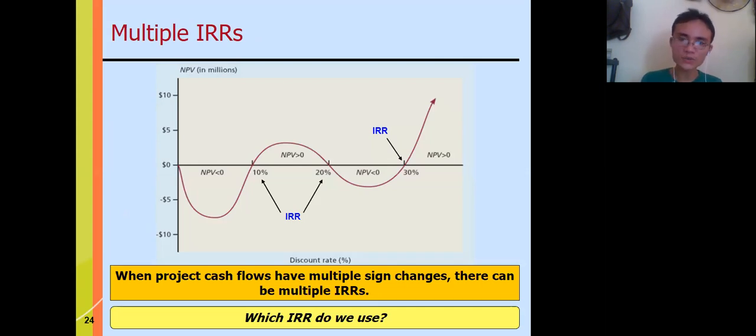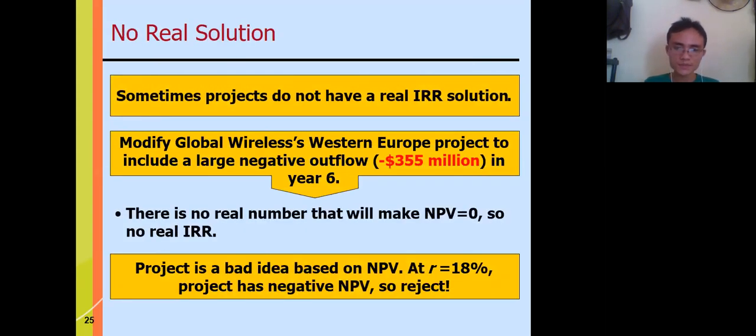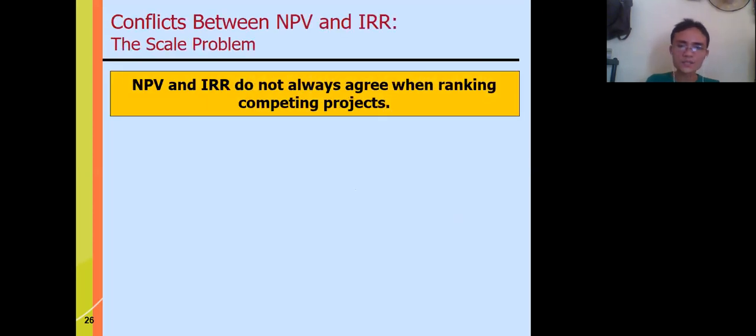It's going to be the closer rate, 20%. For the case with no real solution, we can just make use of NPV, meaning other methods. If IRR wouldn't work, use other methods like NPV, which is the golden standard, as we said. And I love the color here, it makes it the golden standard.